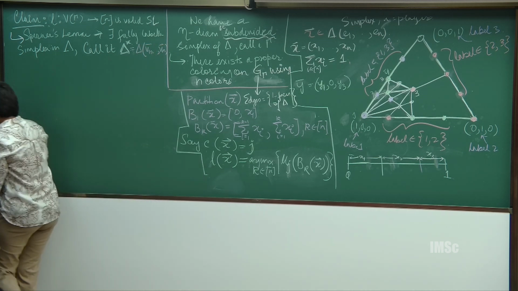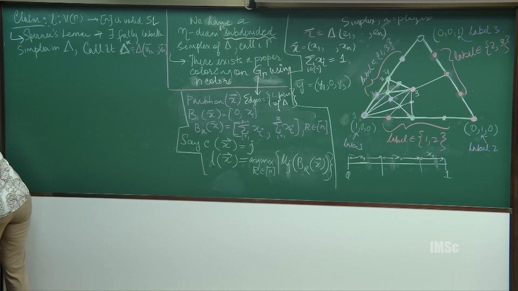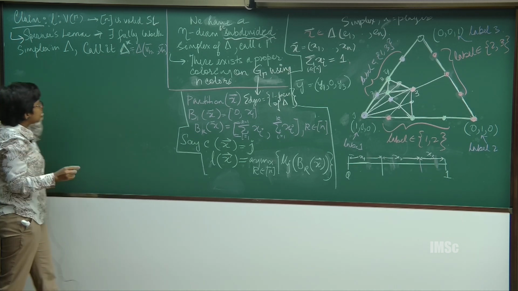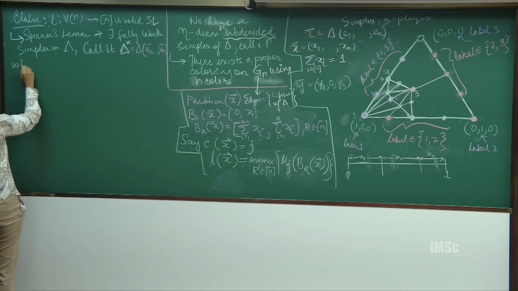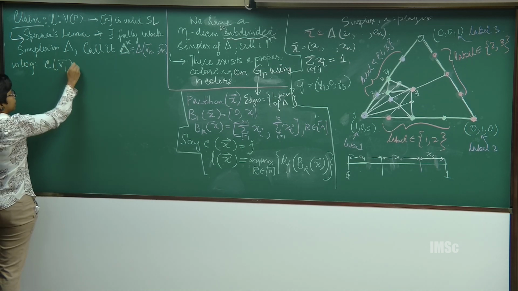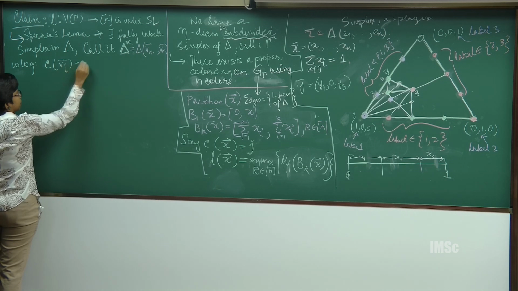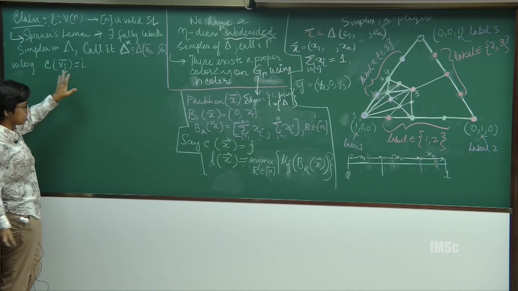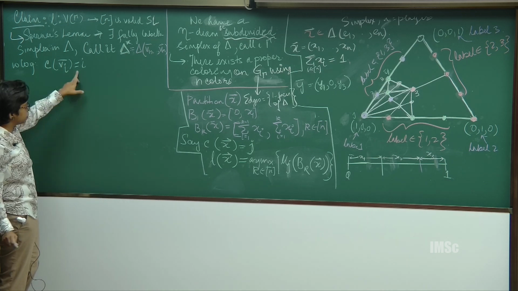Now here is the main thing. Without loss of generality, we assume that the color associated with the point V1 is 1, with V2 it is 2, and so on and so forth. This is just a matter of indexing, nothing more.